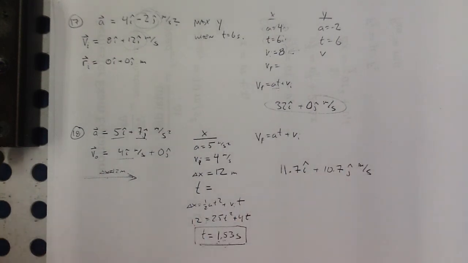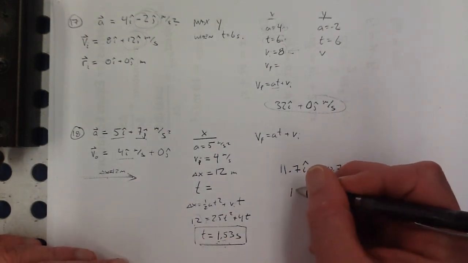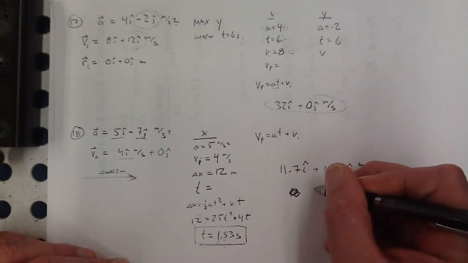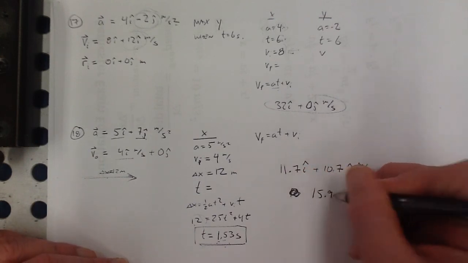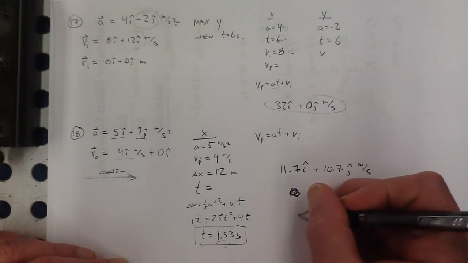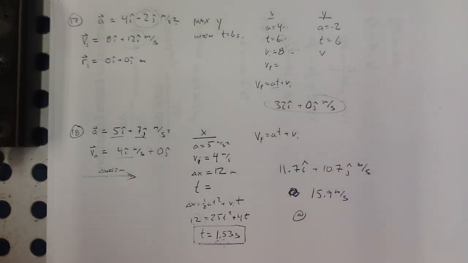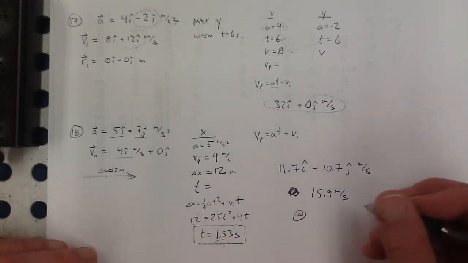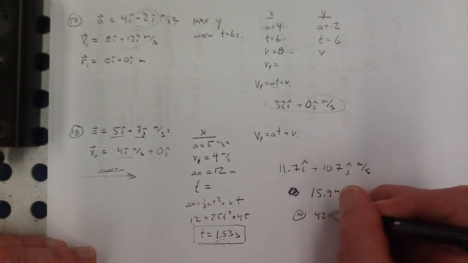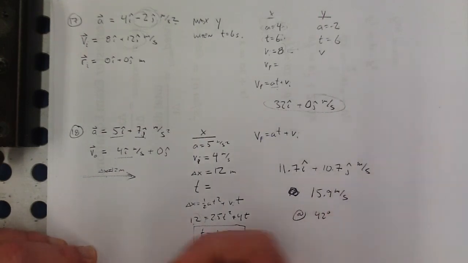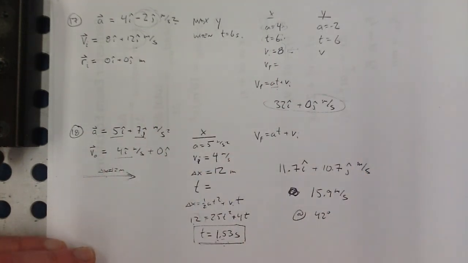So magnitude is the Pythagorean theorem, and then tangent inverse for the direction. And I'm going to say this is just like an xy plane.